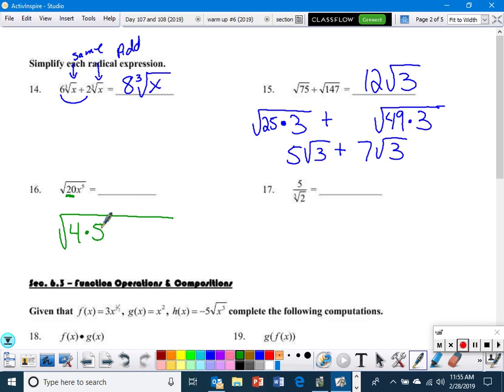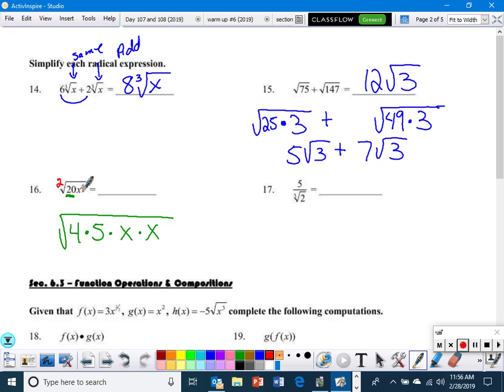Now, we need to split up the x to the 5th. How do we split up x to the 5th? Now, remember, there's a 2 right here. We don't write it, but there is a 2 right there. So we need to split this 5 up into 2 numbers.